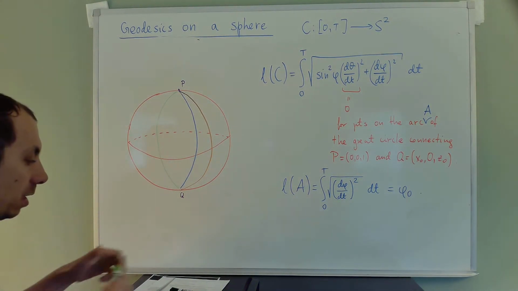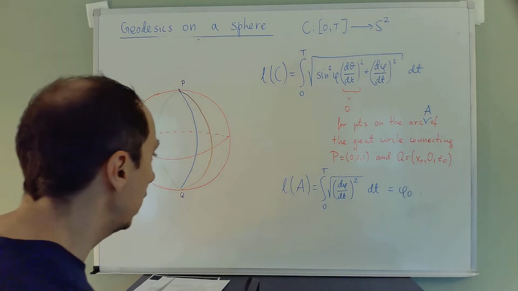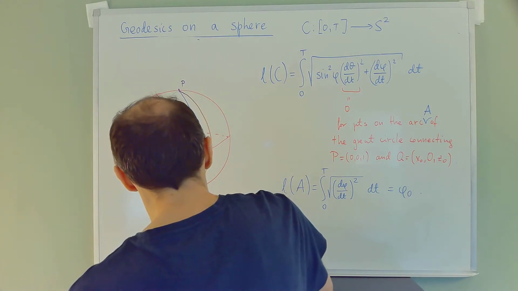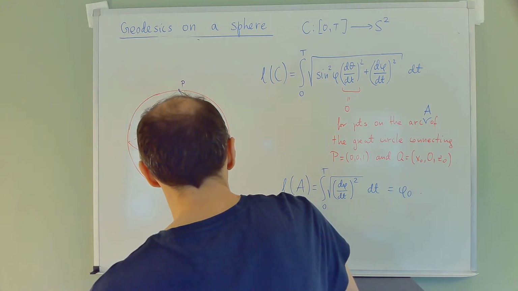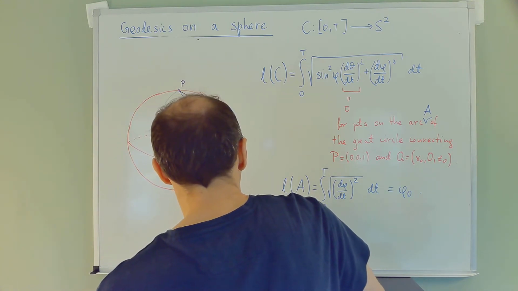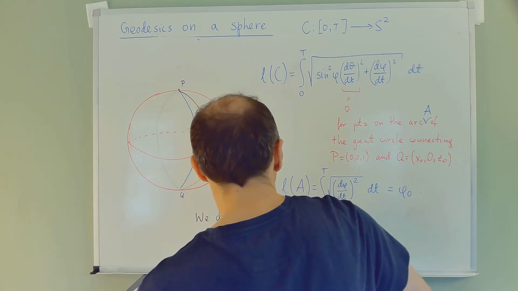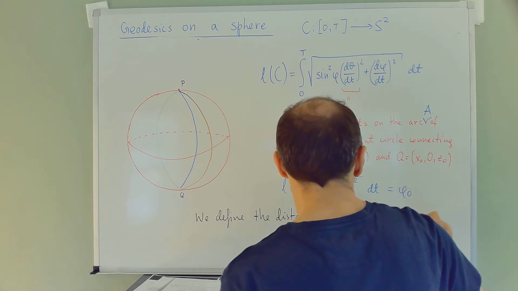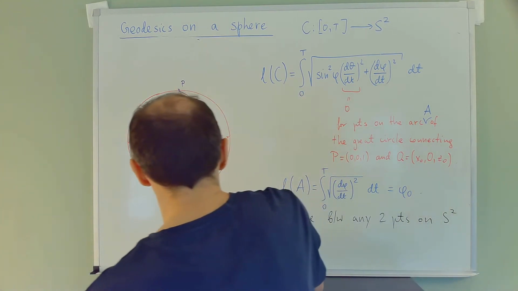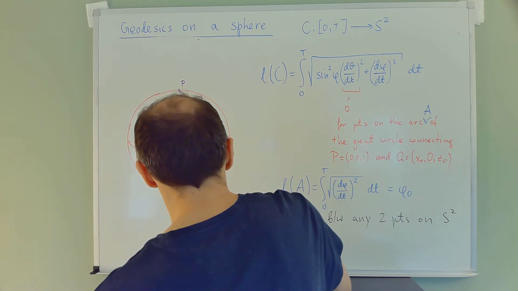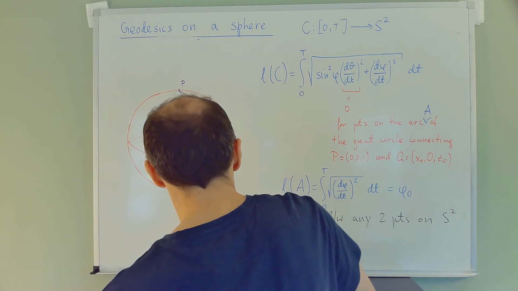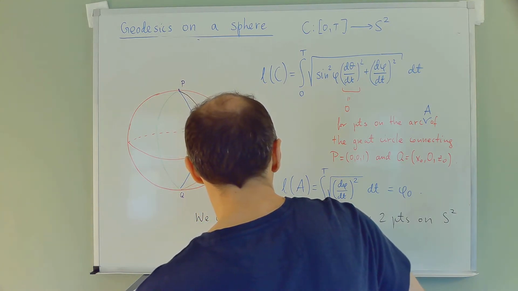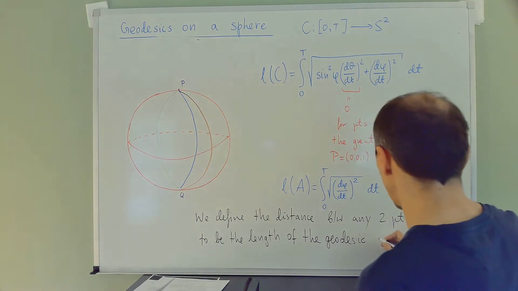Yeah, so this is maybe my last comment for this, is that we define the distance between any 2 points on S2 to be the length of the geodesic connecting them.